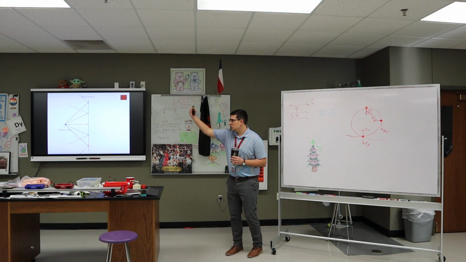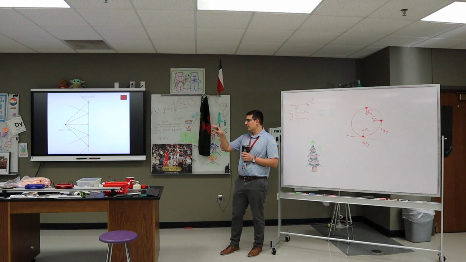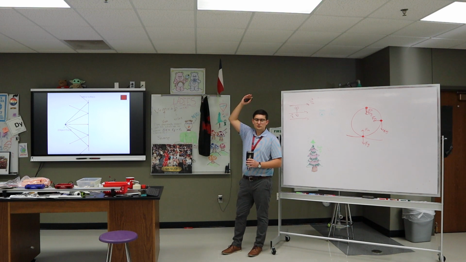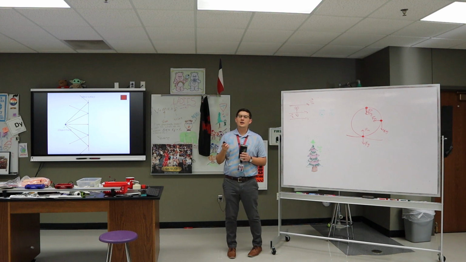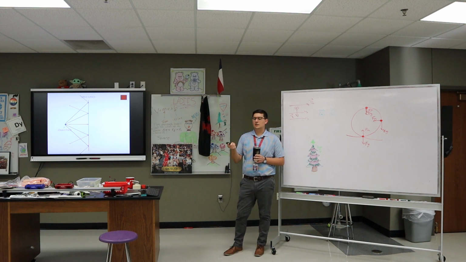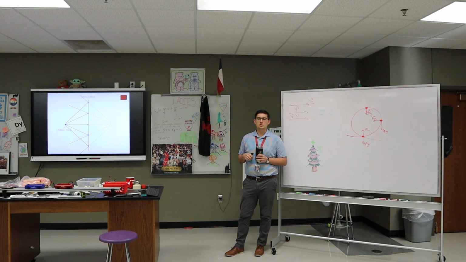Now here's the deal. If you're looking at this mirror, the light hits it, it scatters everywhere, right? And it scatters following this law. But our eyes are clever, and our eyes catch all that light, and they think, I can imagine a point where that light converges.